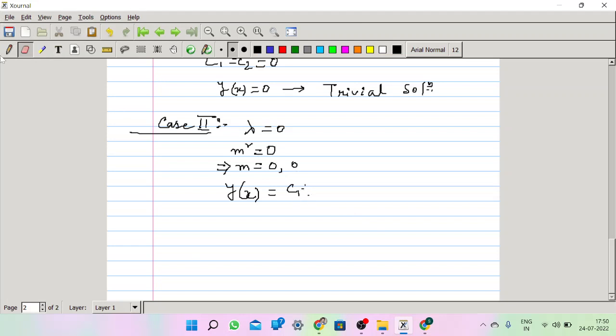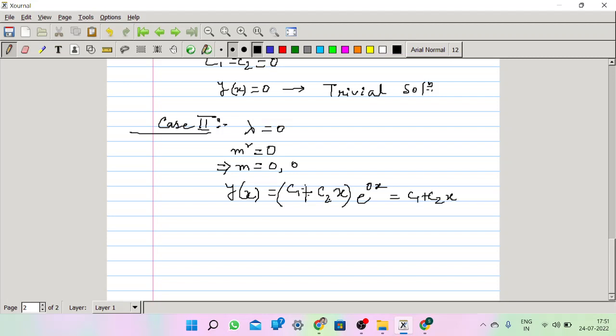So my solution becomes c1 plus c2 into x, into e power 0x. E power 0x is 1. So that is c1 plus c2 x.